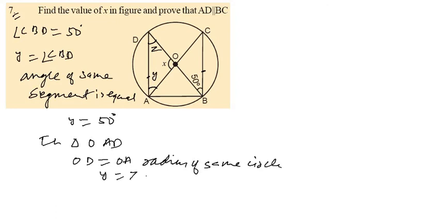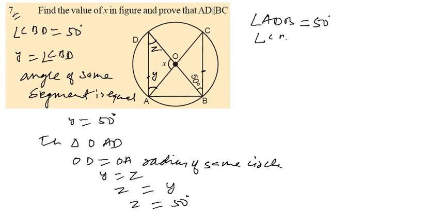So z is equal to y, which is 50 degrees. So this angle ADB is equal to 50 degrees, and angle CBD is given as 50 degrees. Both are equal, so call it equation first and second.